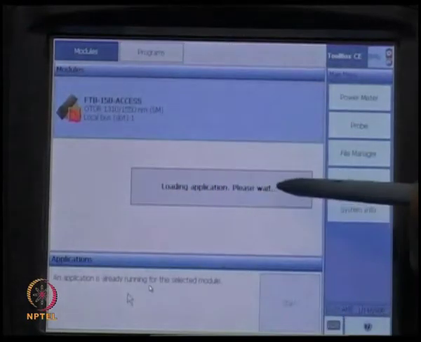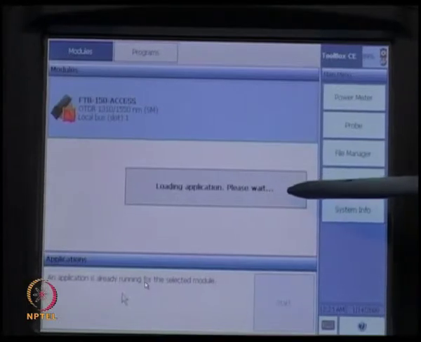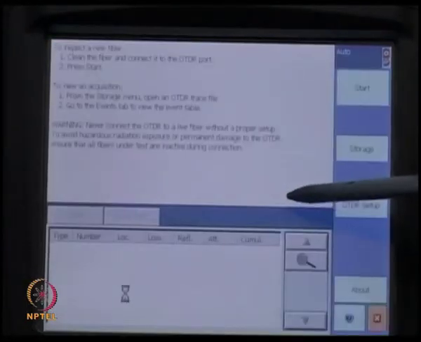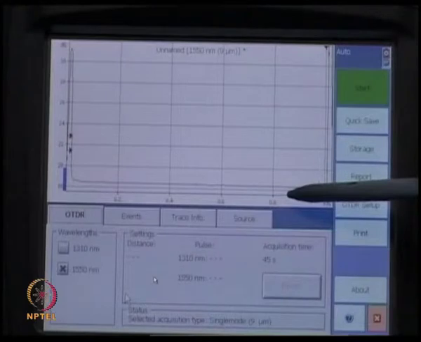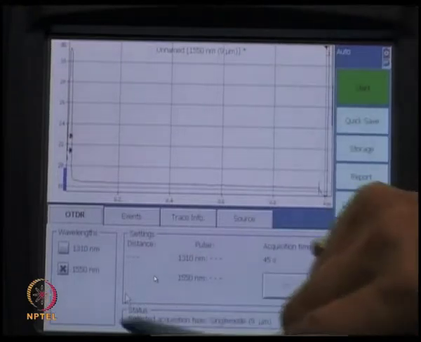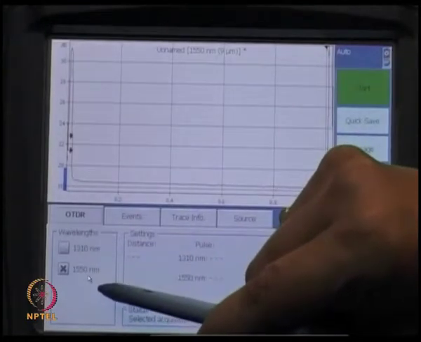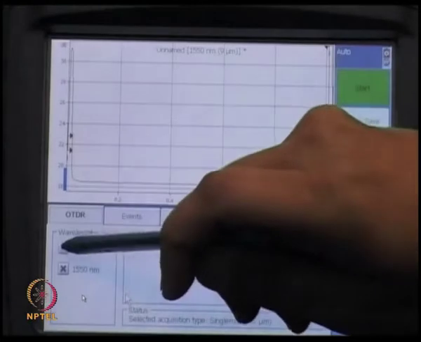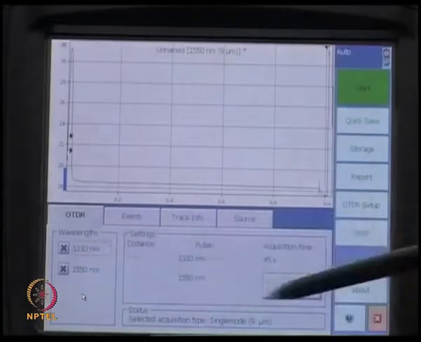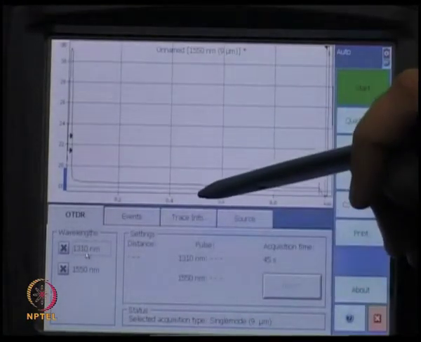And now we can start the OTDR mode. We can choose any of the two wavelengths. So, let us say we choose 1310 nanometer wavelength.